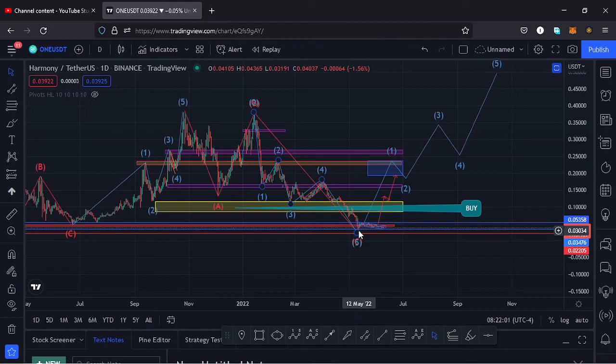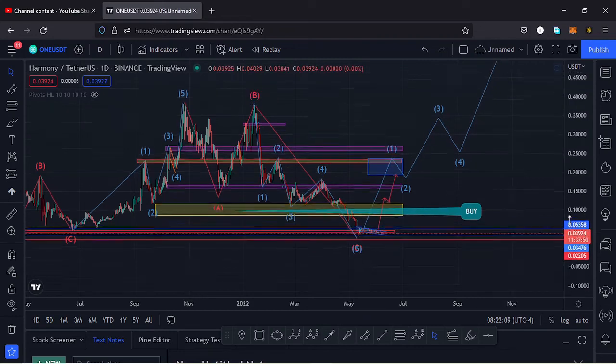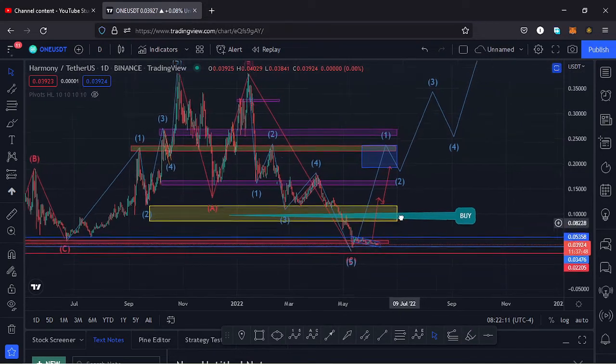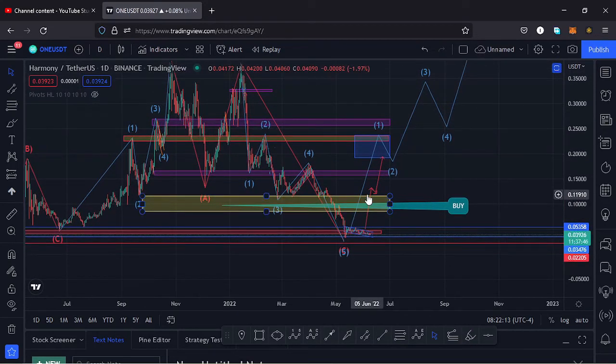So soon we might see a wave to the upper side that can take us to an all-time high, and for us to do that we still need to break above key resistances, at around the $0.11 mark and the $0.15 mark. Once we break above those key resistances, the first target area for the wave 1 will be between the $0.23 mark and the $0.19 mark.